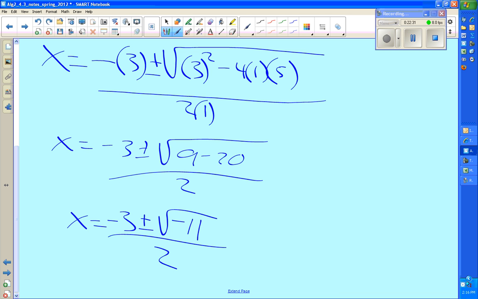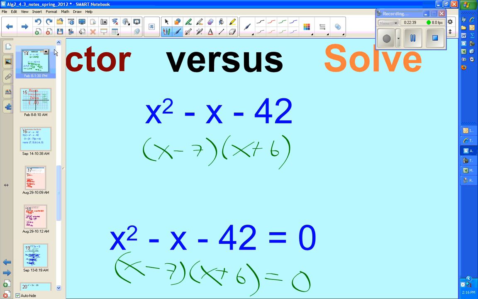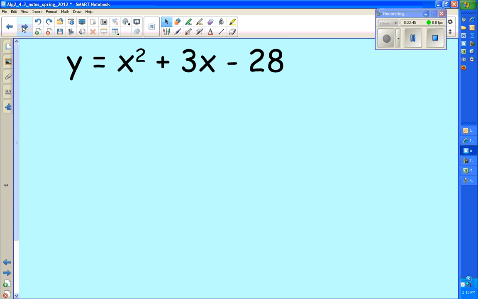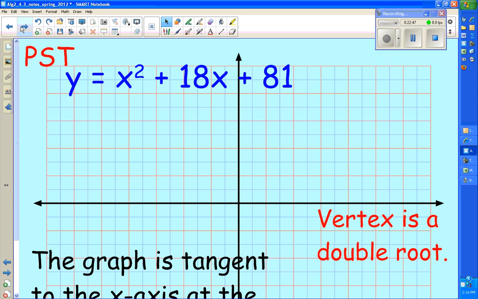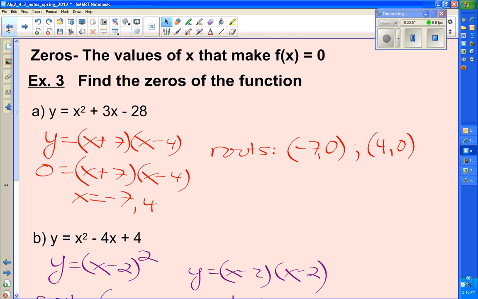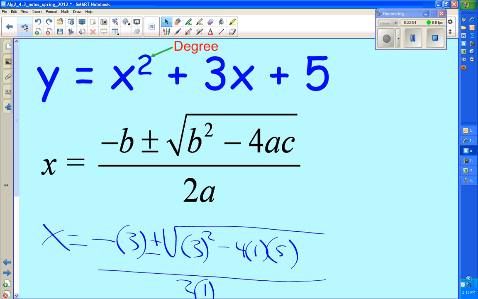All right, so you're not going to have any where this is a negative, so you're not going to have to worry about the quadratic formula. That's where we were, right? You're not going to have to worry where you get a negative under the radical today. Okay, so you won't have to worry about that.